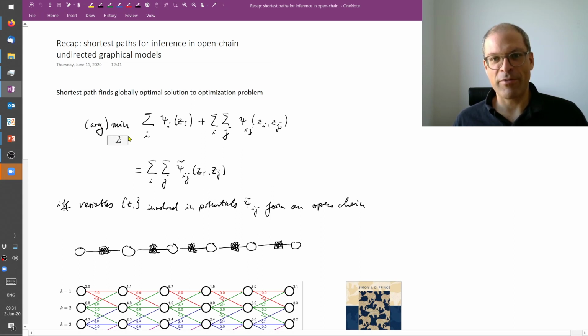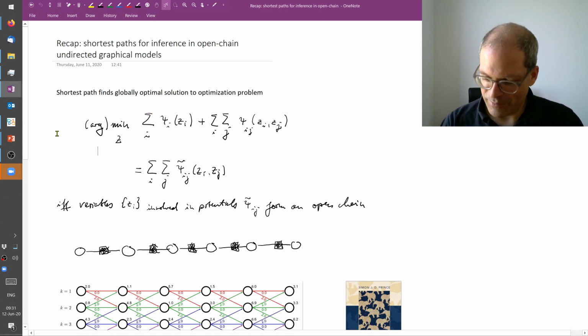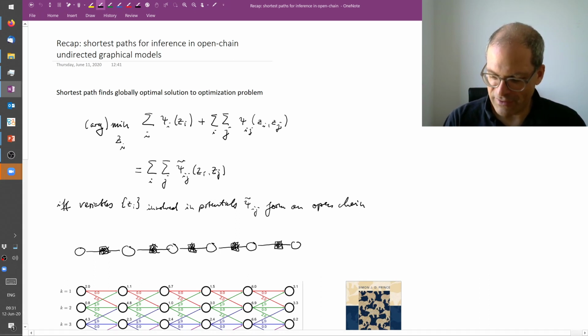If I have a couple of variables z, here I pretend that z is an indicator variable which indicates which state is active. So I have a total of n of these variables. I could also have said that I'm minimizing over these n variables.